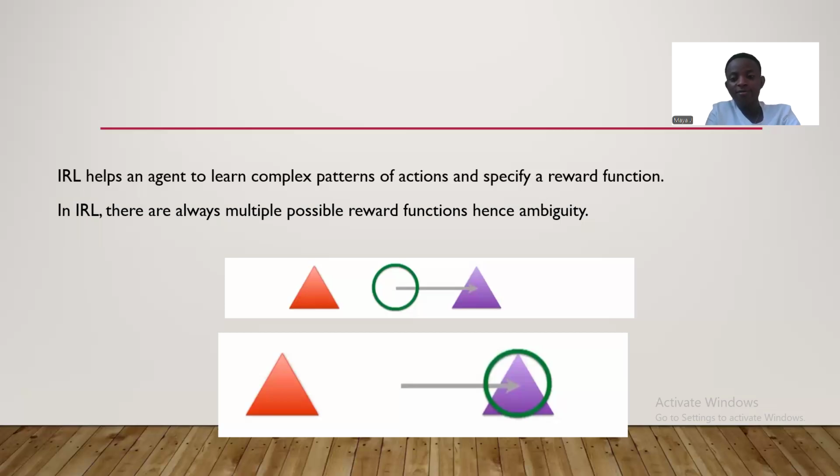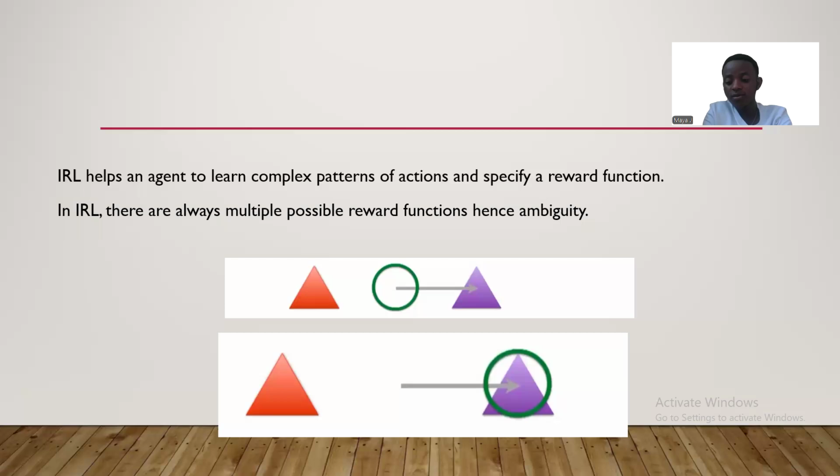Still, that would have given us the same thing. So this is the ambiguity we're talking about. Now we don't know the exact reward function that has led to this.